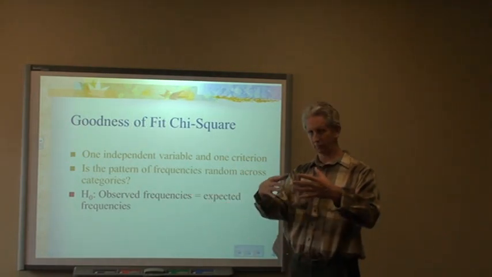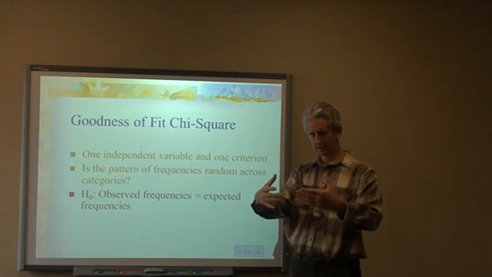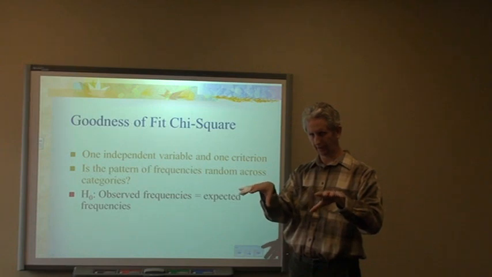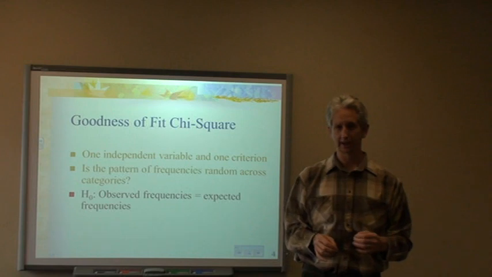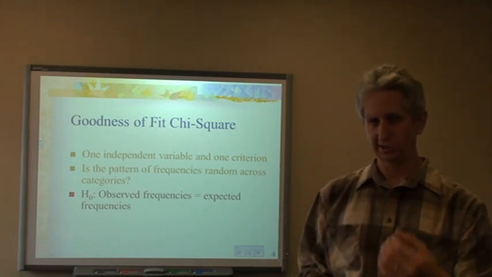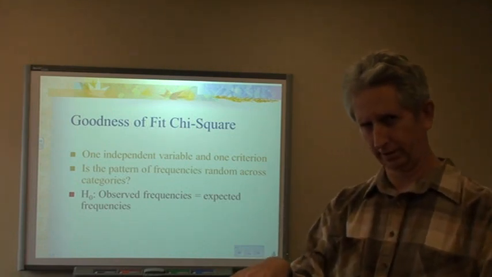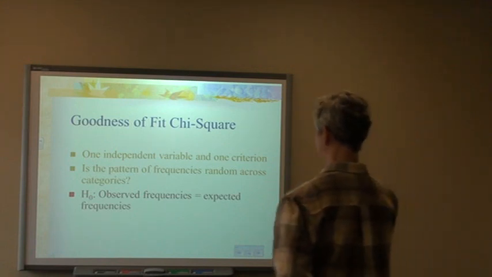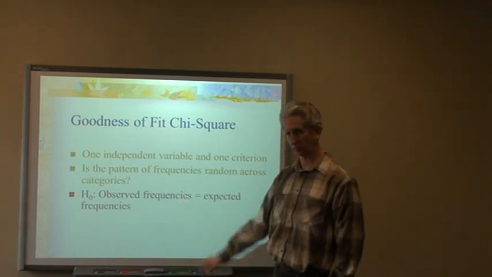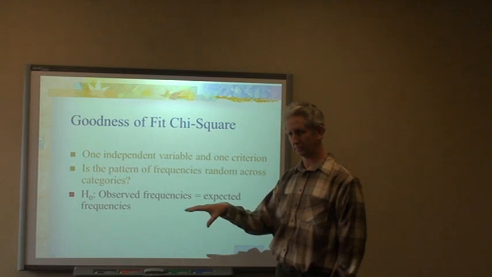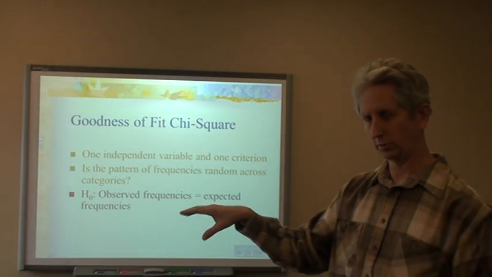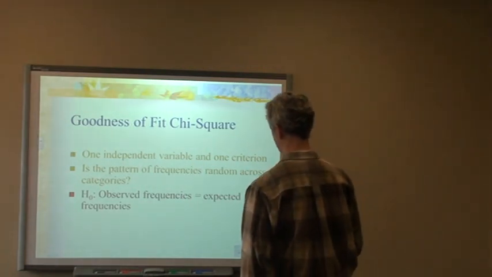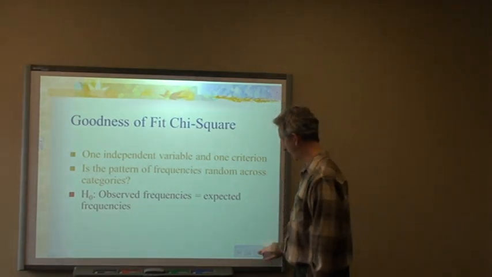This is what we expect in the population in terms of frequencies within levels of the categorical variable, and we're collecting data in a sample to see if our actual observed frequencies are equivalent to what we expect them to be, whether a random set of frequencies or some sort of predetermined set of frequencies that we know to exist and we're simply testing. So it's a fairly simple type of analysis.